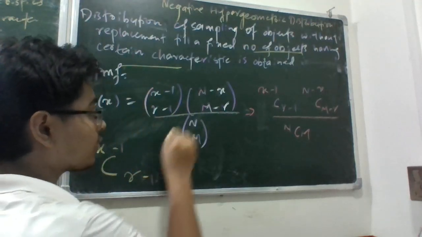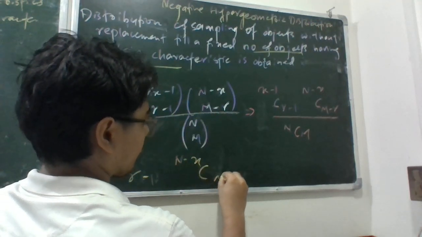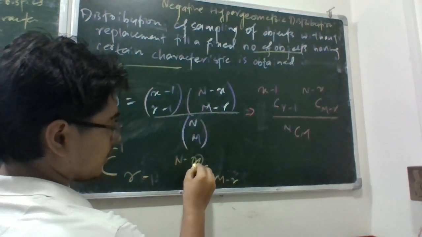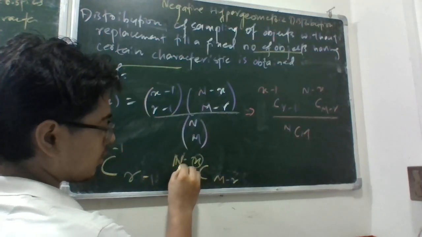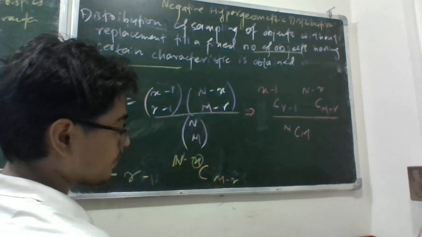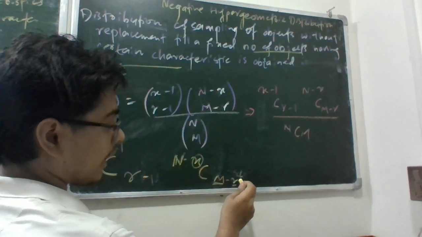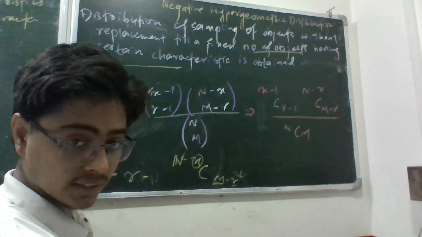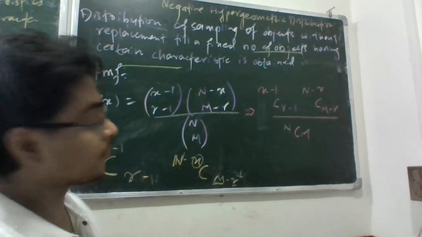Second term, just like hypergeometric distribution, we get m minus r, that refers to the number of draws from the total items in the population, and this refers to the number of total items taken out which have a certain characteristic from the total amount of items that have that certain characteristic.